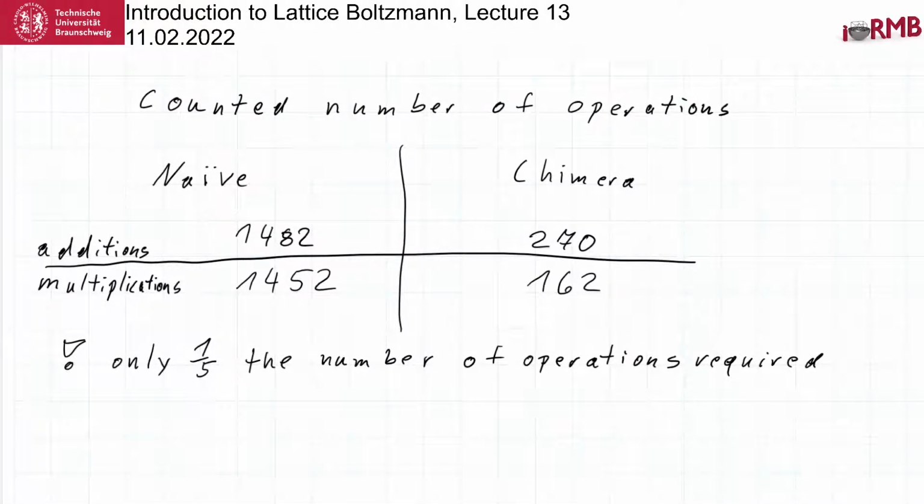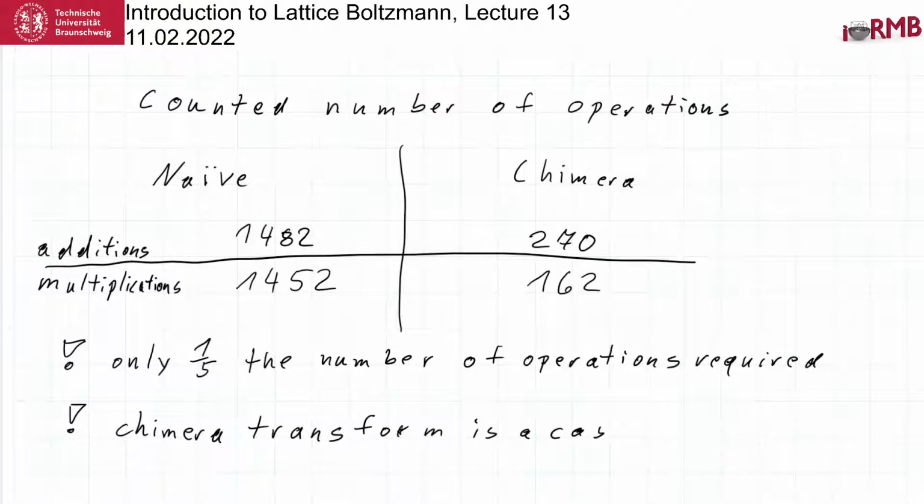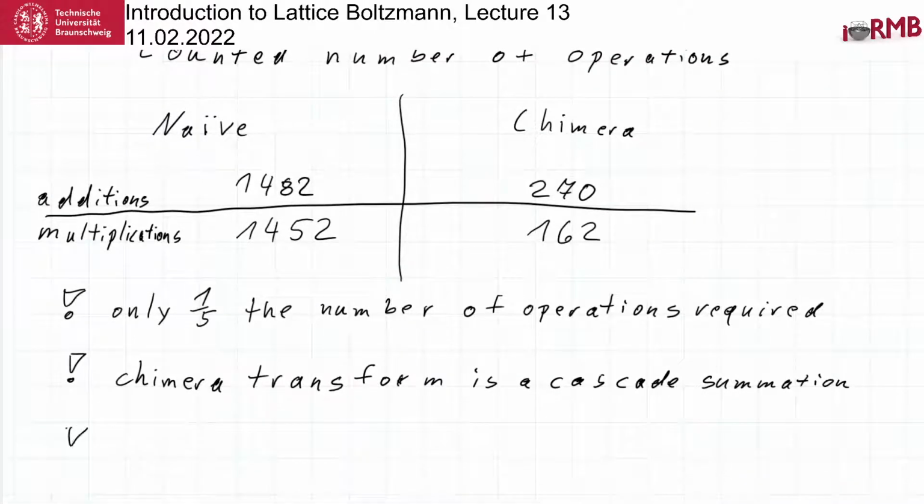And then there is another advantage of this, namely that the Chimera transform is a cascade summation. And because it's a cascade summation, the round-off errors are much smaller than in the naive transformation. Actually, this was even the bigger problem, namely that the naive transformation is so inaccurate.